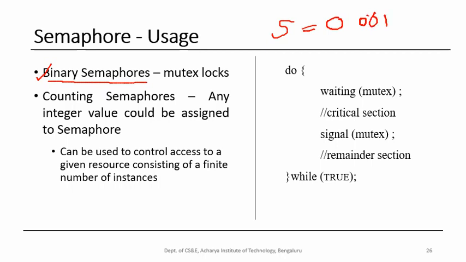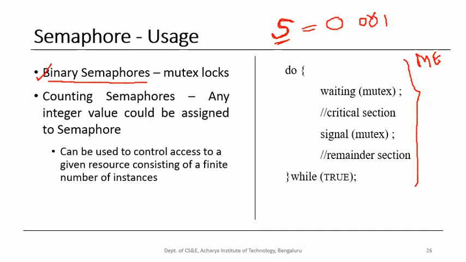So therefore, you can call it a binary semaphore. Sometimes this kind of semaphore is also called a mutex lock. Let's see how this mutex lock can be used to achieve mutual exclusion in a while.